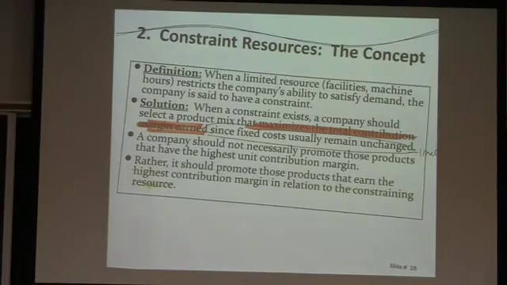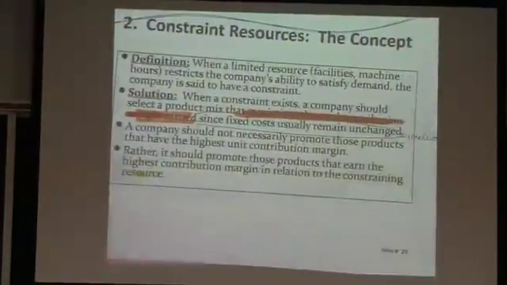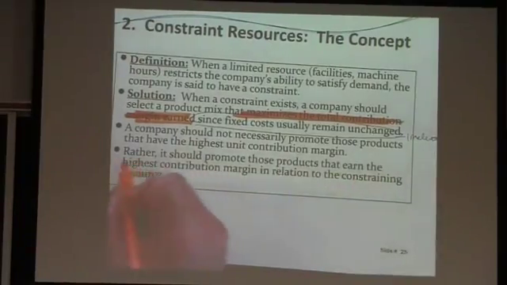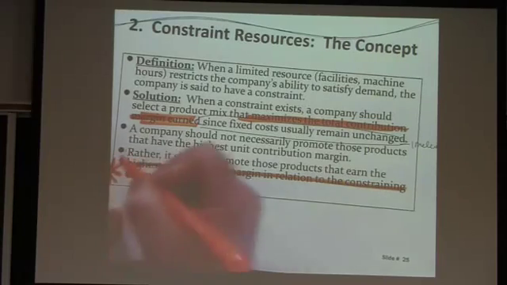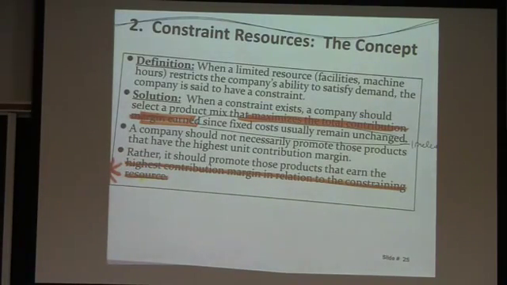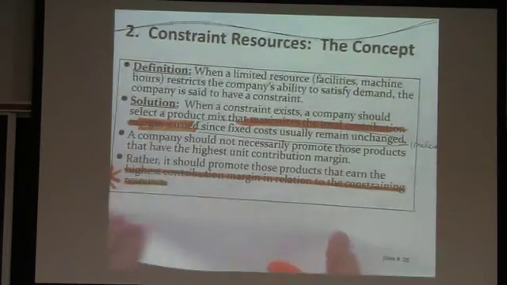That's the key. So this is what we want. We want, and this is the decision criteria, the highest contribution per constraint resource. Okay? Per constraint resource. We're going to actually see that in part A.